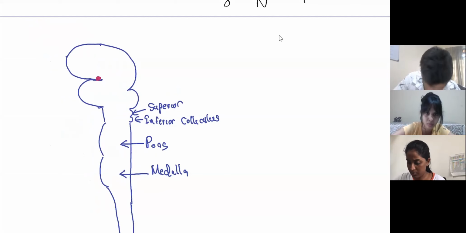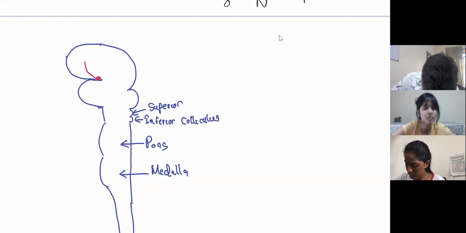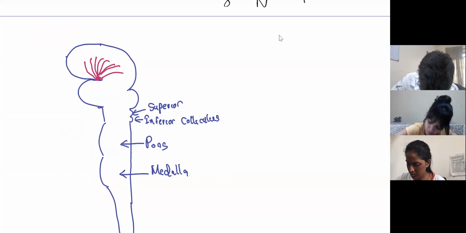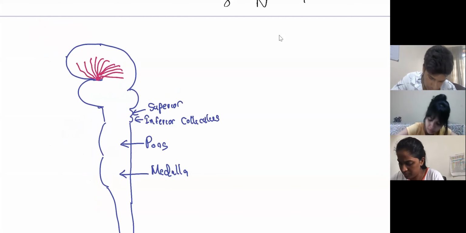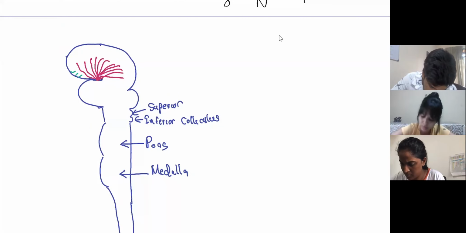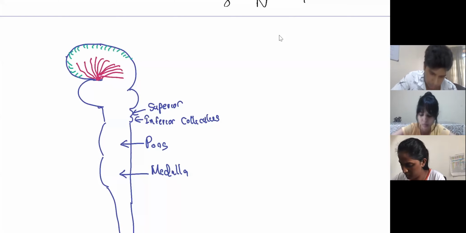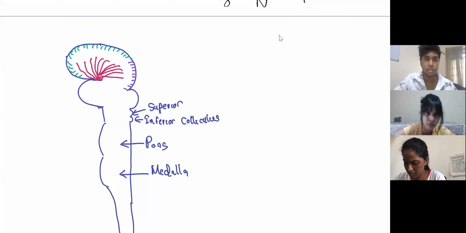They will come out of this region and they will supply blood like this. This is how they supply. Okay. And the anterior cerebral artery will be supplying from here. And the posterior cerebral artery will supply the rest here.